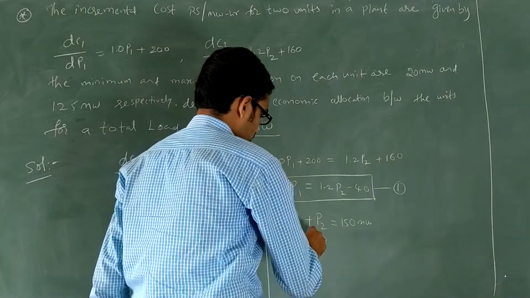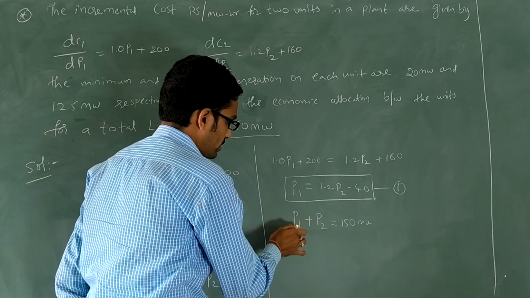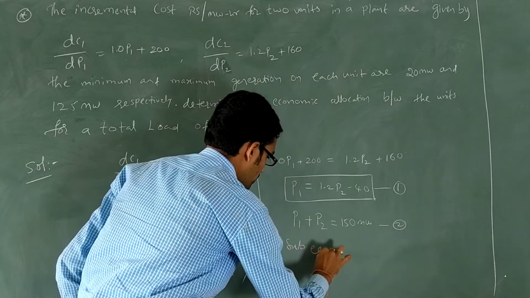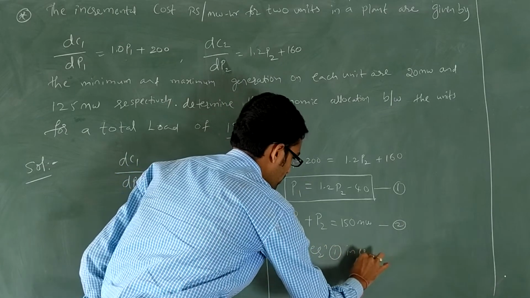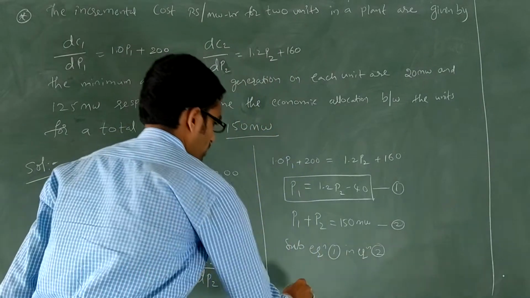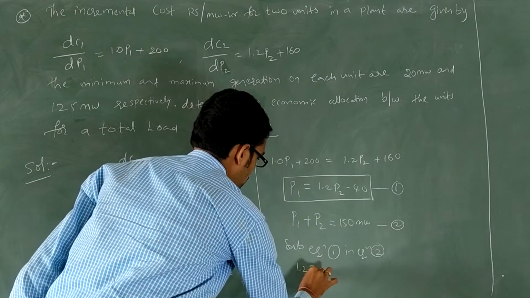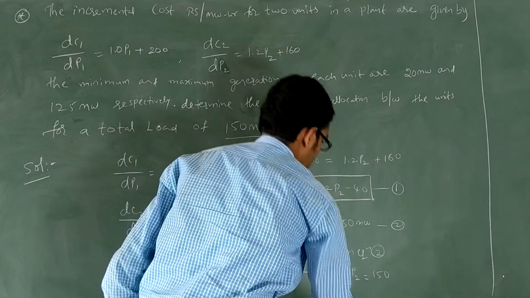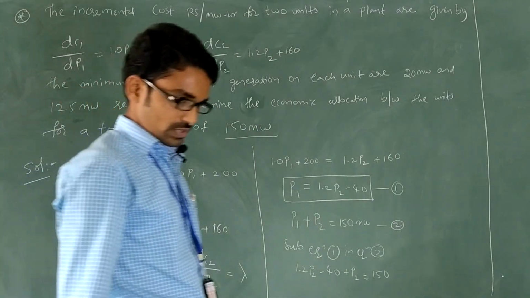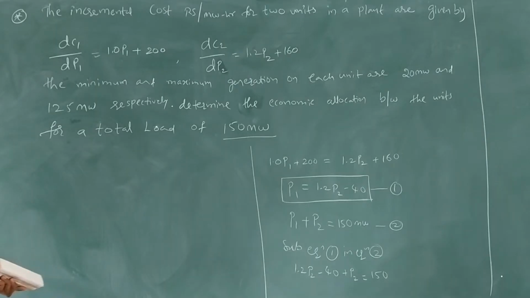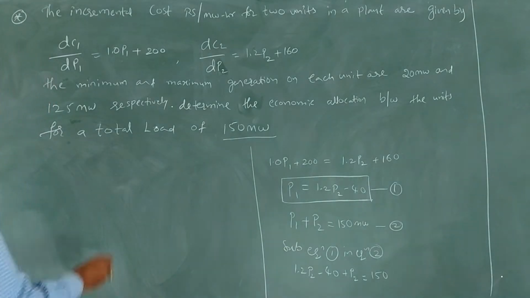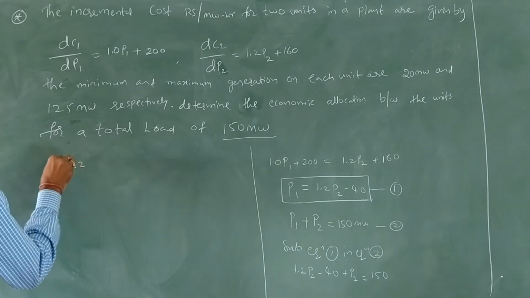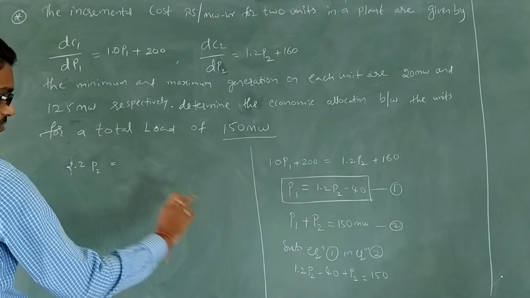This is equation 2. Substitute equation 1 in equation 2. So 1.2 P2 - 40 + P2 = 150. 1.2 P2 + P2 means 2.2 P2, which equals 150.